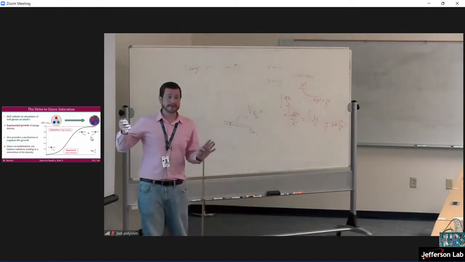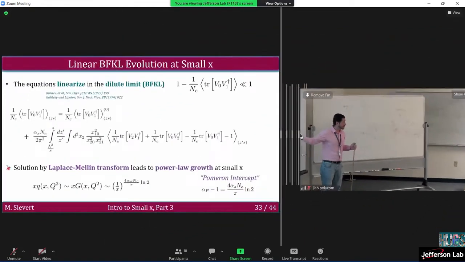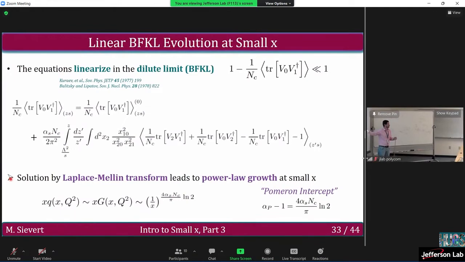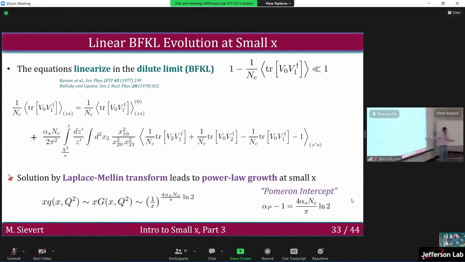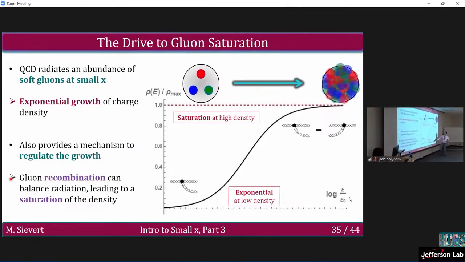Okay, so this was the main point that I wanted to show you about how the logarithms generate this increasing energy dependence, generate increasing gluon densities. We're essentially in this situation where if you solve the evolution equations in the dilute limit, starting at large x, the prediction is something which is growing exponentially as a function of rapidity y, or equivalently power law as a function of x.